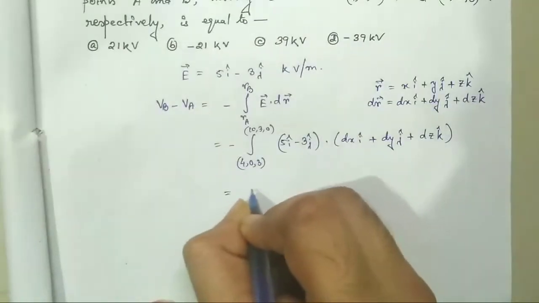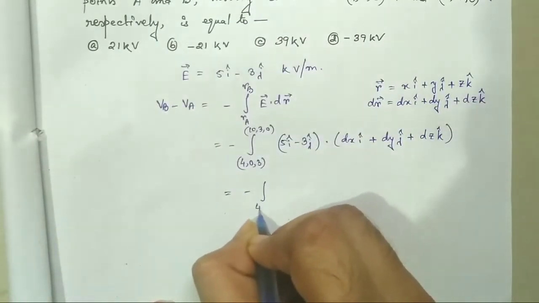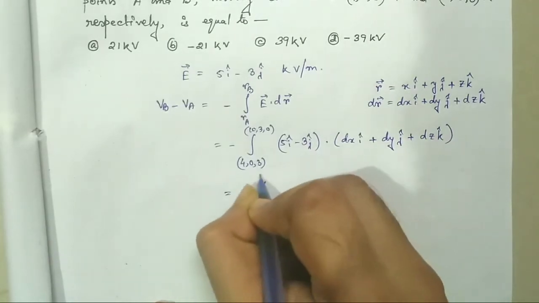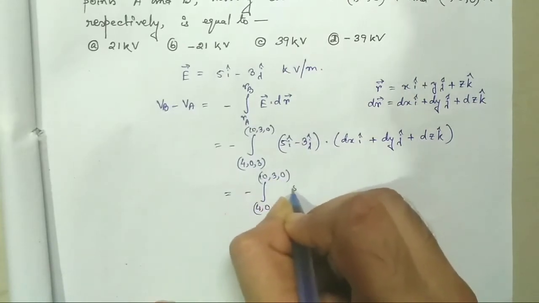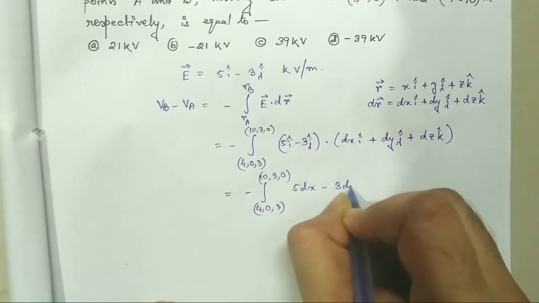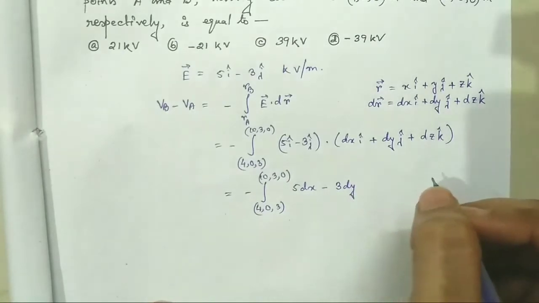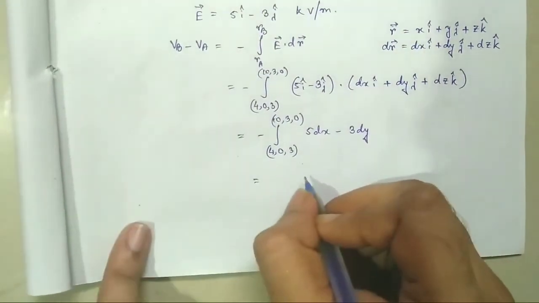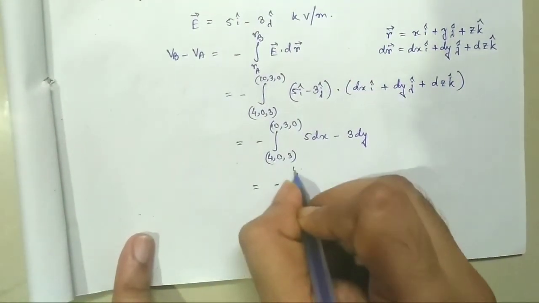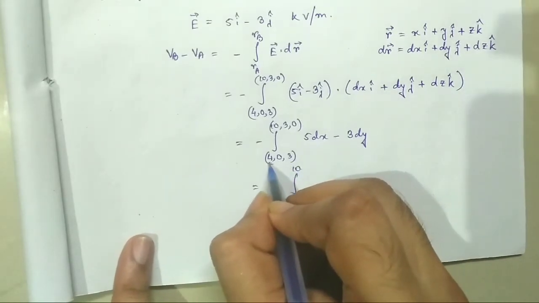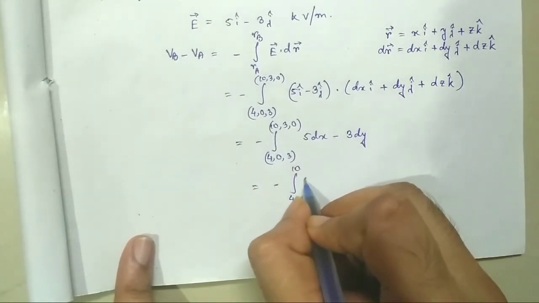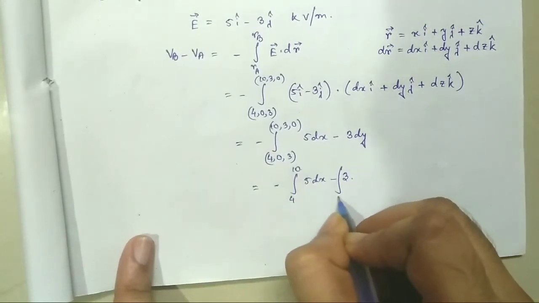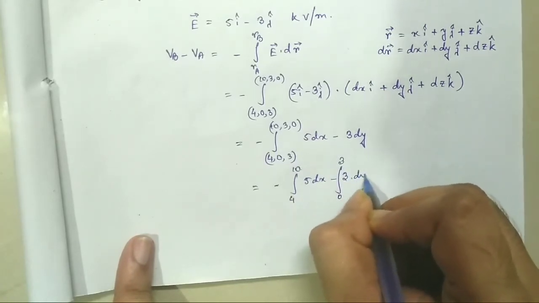So the dot product will be minus integration from (4, 0, 3) to (10, 3, 0) of 5 dx minus 3 dy. Or you can write it in the next line as minus of integral from 4 to 10 of 5 dx, because the x coordinate changes from 4 to 10, minus 3 times the integral from 0 to 3 of dy.